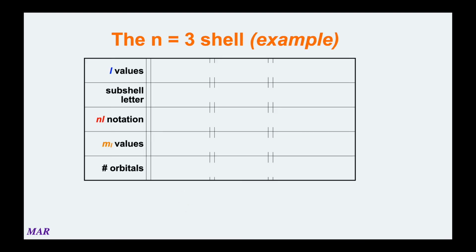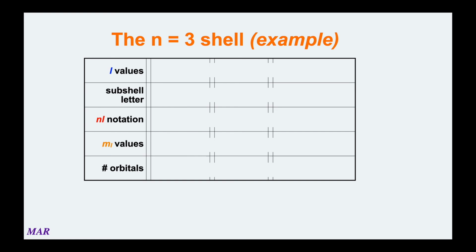Here's an example I want to do with you. I want to go through the n equals 3 shell, and we're going to talk about how to get all these values, and I encourage you to, if you want, pause this video, see how many of these little pieces you can fill in, and then we'll go through and fill them all out for you. So for n equals 3, L goes from 0 up to n minus 1.